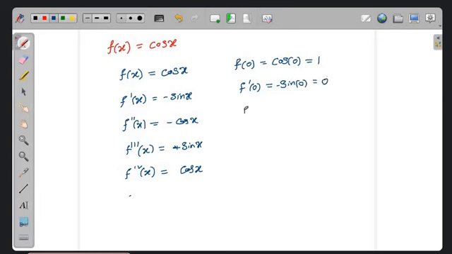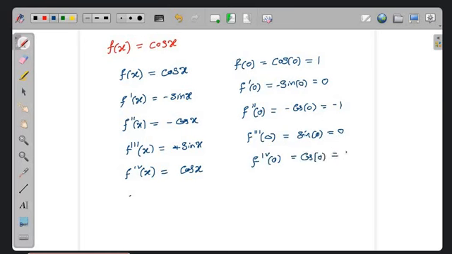And next, the second derivative at 0, that is minus cos of 0, which is -1, and the third derivative at 0, which is sin of 0, which is 0, and even the fourth derivative at 0, that is cos of 0, which is 1.